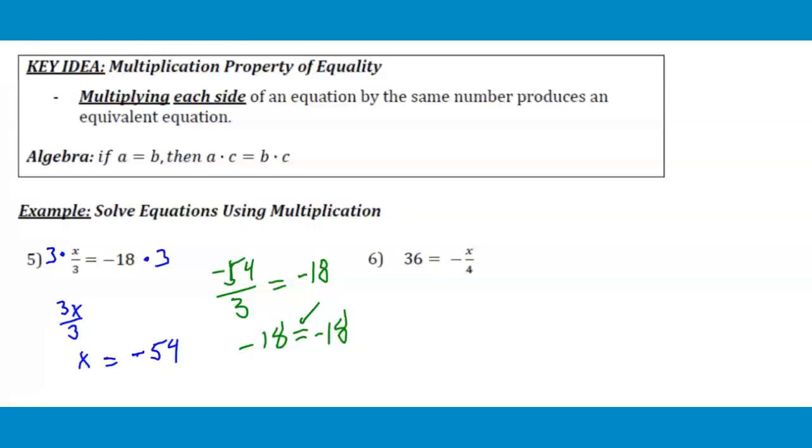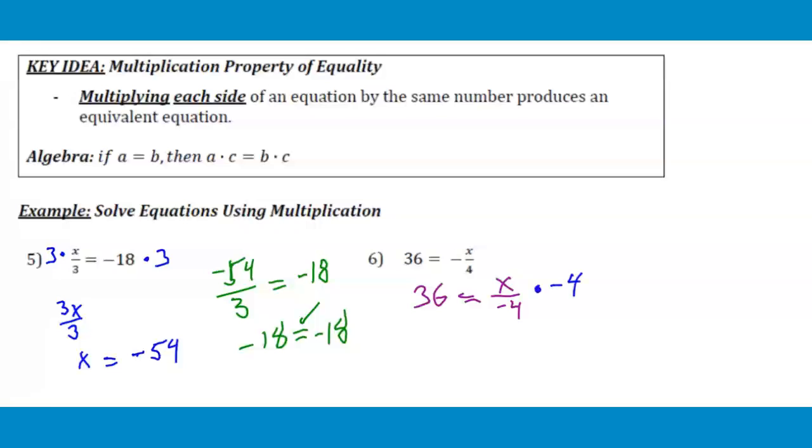Well, I'm not going to put it on the variable because I don't want it on the variable in my answer. So really, I'm just going to rewrite this as 36 equals x divided by negative 4. And then whatever you do to one side, do to the other. So in this case, I'm going to multiply this side by negative 4 because I'm undoing divide by negative 4.